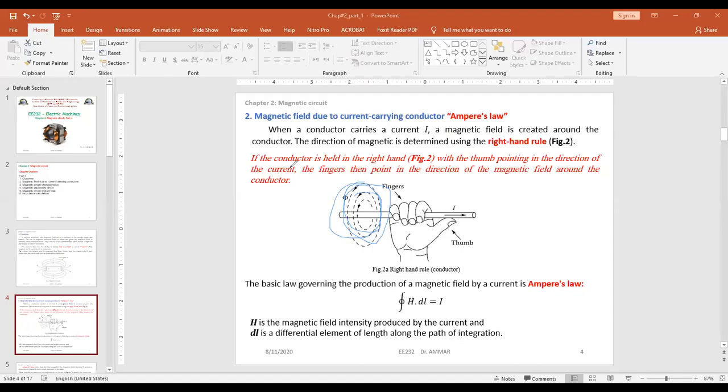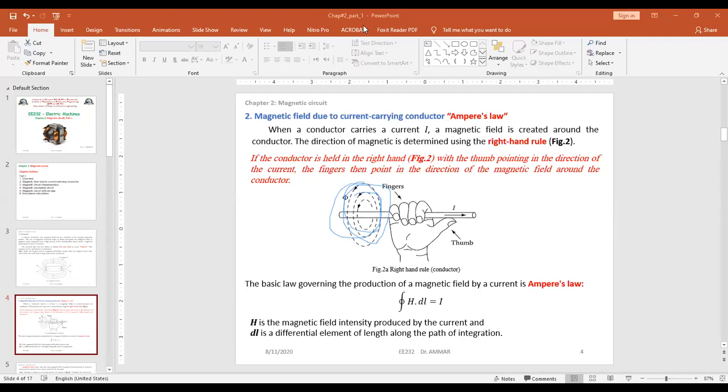Maybe it's a small amount of magnetic field, but always a magnetic field will be created around this conductor. And in order to determine the direction of this magnetic field, we use the right hand rule.